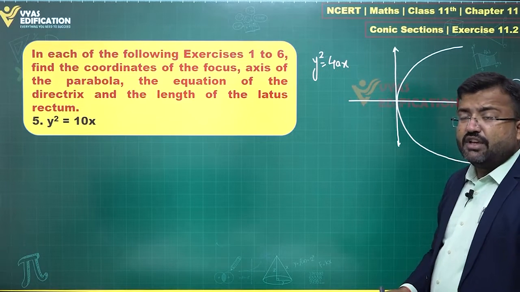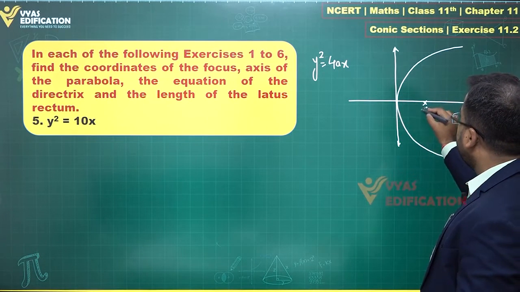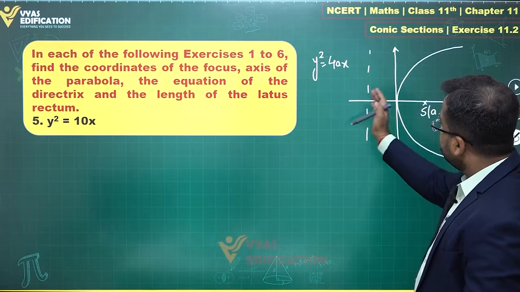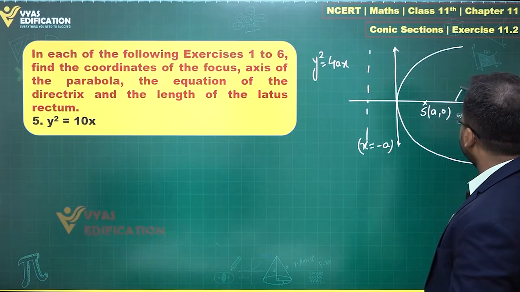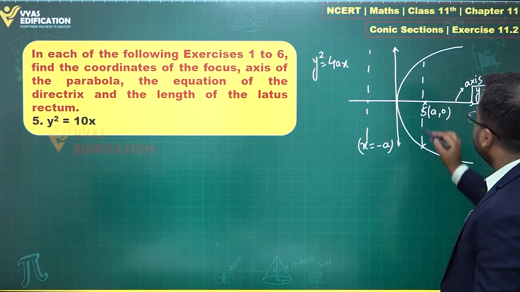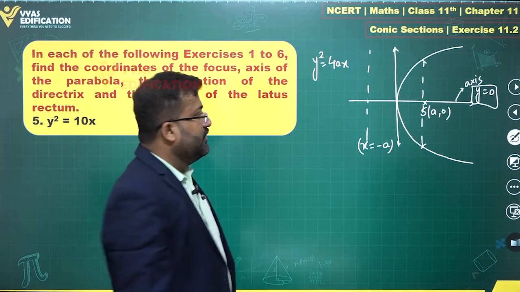If you remember the diagram, the graph, then you can easily identify, okay, focus will be a units over here, the coordinates will be a comma 0, directrix will be a units behind this, this will be x equals minus a, axis is pretty simple, axis is y equals 0, and lattice rectum is 4a.